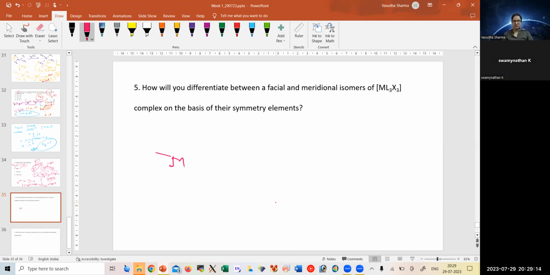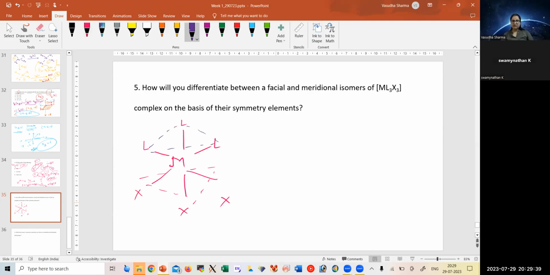I will just draw. As we know, ML3X3 would be having an octahedral symmetry, where I am placing all the 3 ligands which are of the same type at one triangle. The other one would be having another triangle. So we know that, right? This is one kind of triangle, and this one is another kind of triangle.